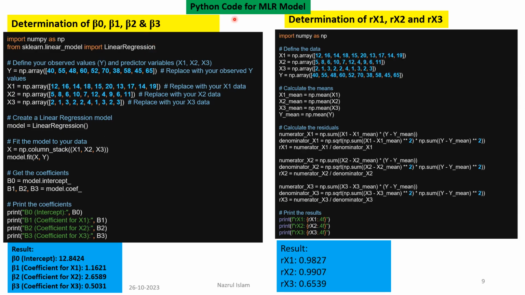Here is the Python code for determination of MLR model. We have to determine beta 0, beta 1, beta 2 and beta 3 by using this code, and this code gives us the result as we have calculated manually. Again, we also determine the Rx1, Rx2 and Rx3 by using this part of Python code, and this will also give us the similar result as we have calculated manually.